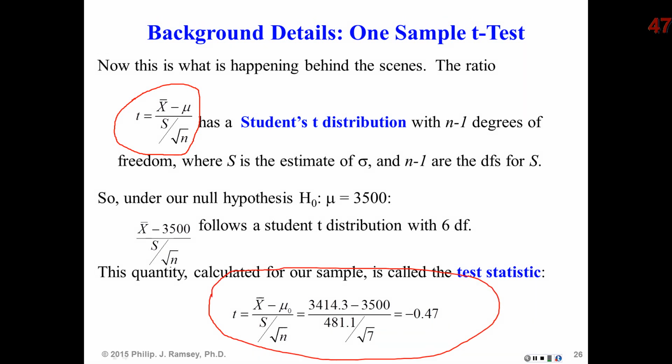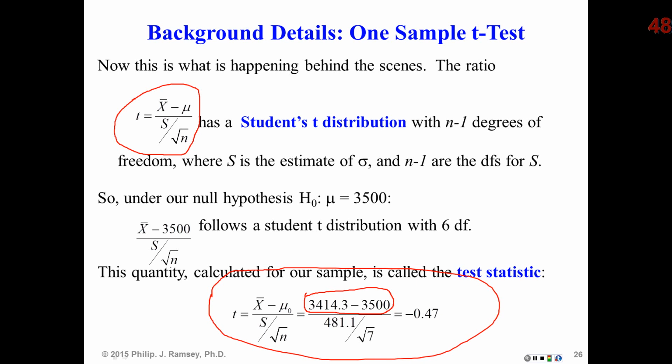Notice the numerator. This is the distance between the sample average and the hypothesized value. The greater the distance between them, the less likely the null hypothesis is true.